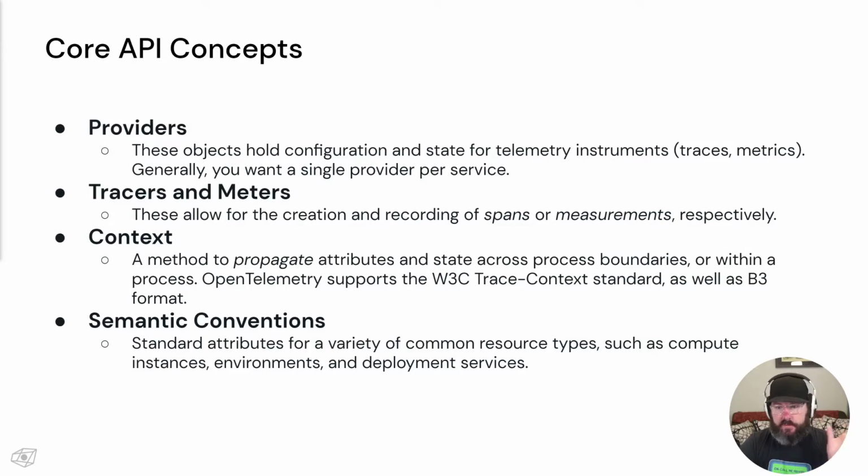So you don't have to create multiple providers. There are a lot of linguistic things that we've hit on here. A tracer in OpenTracing is kind of equivalent to a tracer provider, because you get the tracer and then the tracer is what you operate on. Either way, the provider is your factory for creating tracers and metric instruments. So you always need one, and you should probably only have one per service.